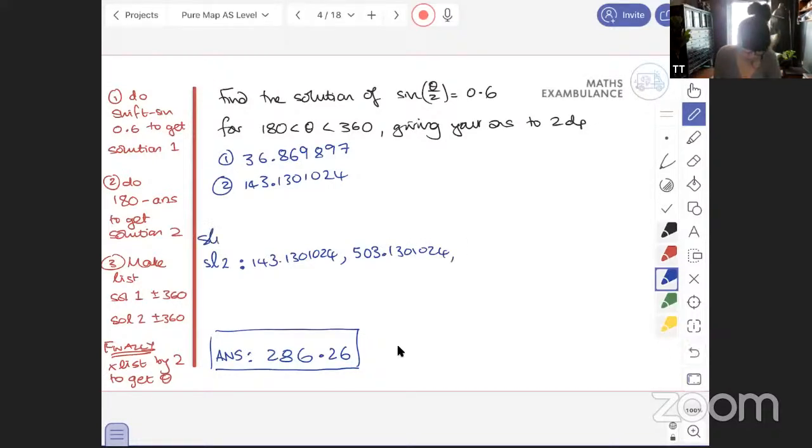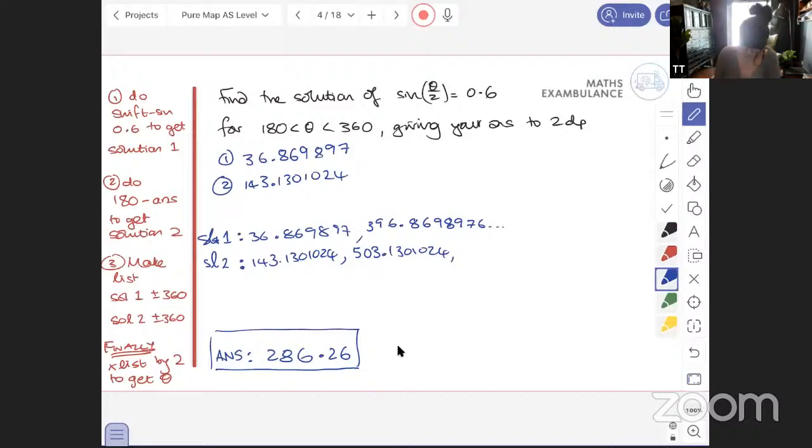You can always go, if you realize you haven't done enough, you can just go back and do some more. 36.869897. Right. I think probably the quickest way for me to get to that is to do shift sine 0.6 again. Plus 360 is 396.86989. Being really careful not to round stuff. That will do for now.